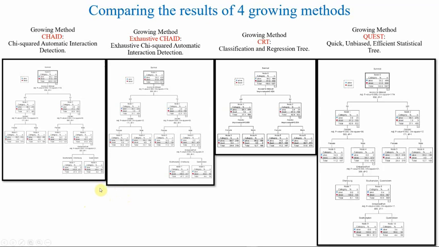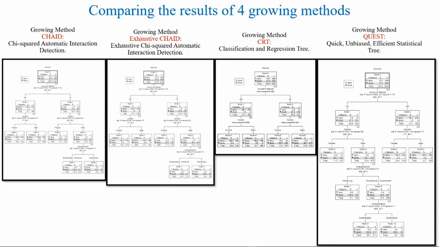On this page, you can compare the 4 diagrams generated by 4 different growing methods: CHAID, exhaustive CHAID, CRT or regression, and QUEST.